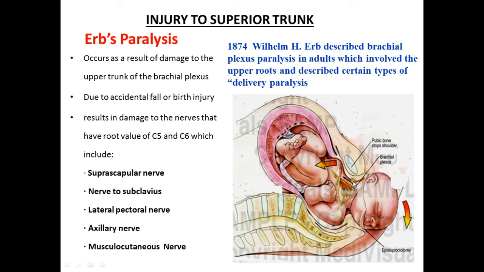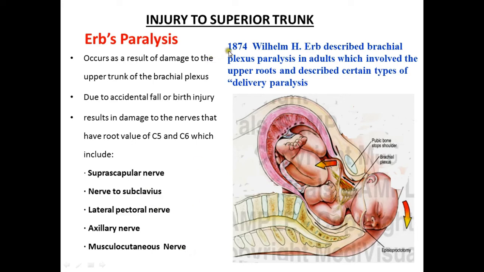Then the roots at this level, C5 and C6, may be injured. Obviously when the roots are injured, as I told you, the roots are very important. The nerves emerging from these two roots, C5 and C6, are the suprascapular nerve, nerve to subclavius, lateral pectoral nerve, axillary nerve, and musculocutaneous nerve.